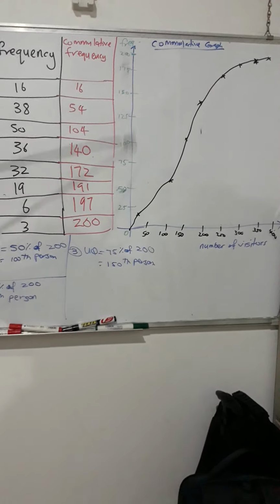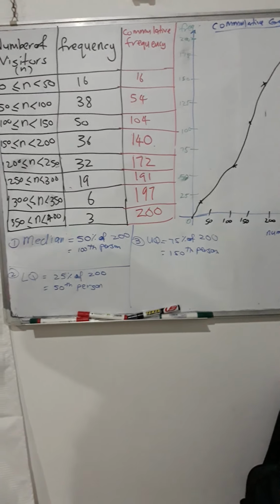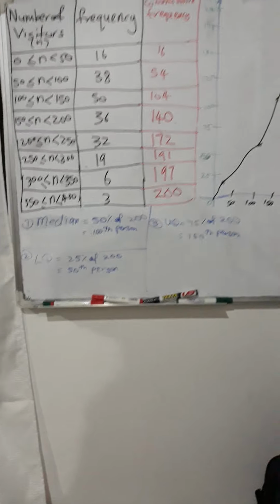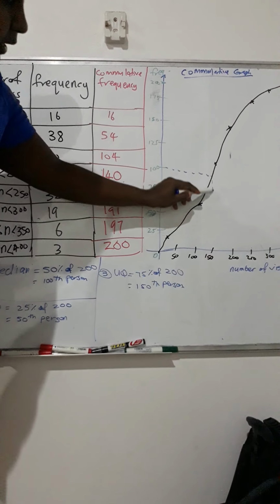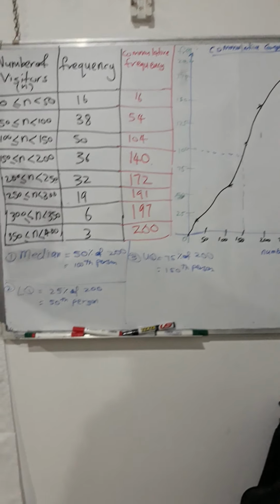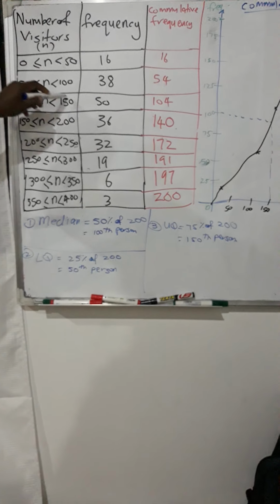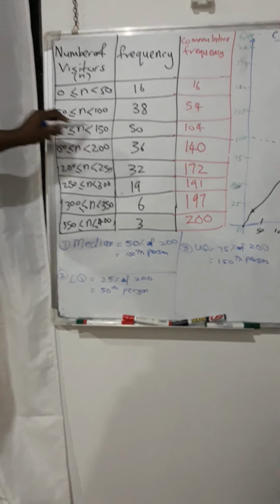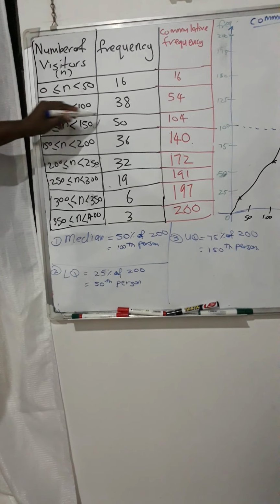On this axis you can see number of people, the frequency, goes here. So to read your median, we'll go to 100, go to the graph and read down the value. So your median lies between 100 and 150, right? That's where our median will lie.